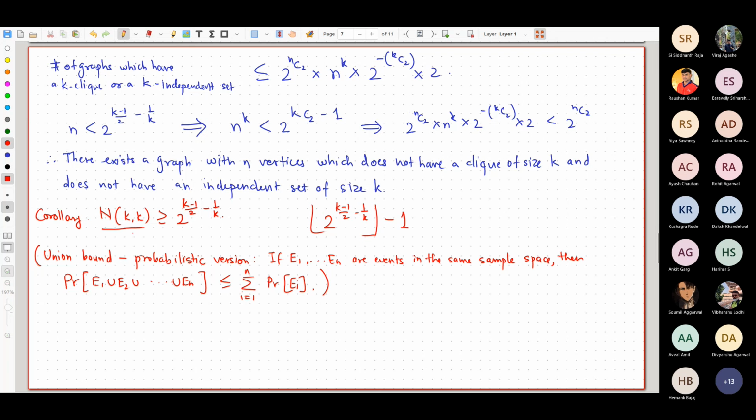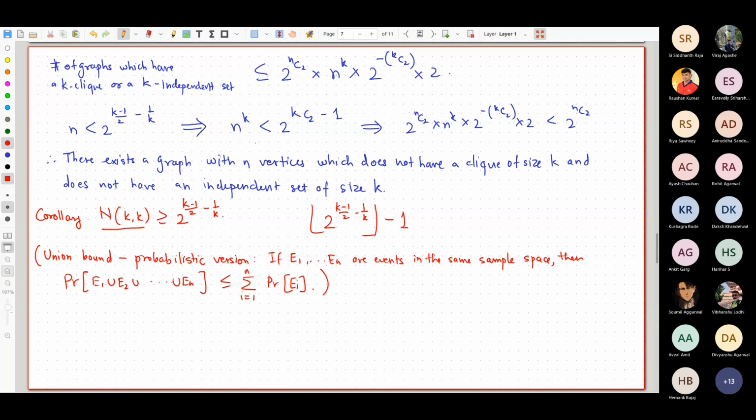But now this n(k,k) is a number which ensures that if your number of vertices is more than this, then you necessarily have a clique of size k, or you necessarily have an independent set of size k. So if n(k,k) were to be less than this quantity, then this one graph whose existence we proved would be a counterexample to your claim that n(k,k) is the minimum number which guarantees that every graph which is larger than that has a k clique or a k independent set.